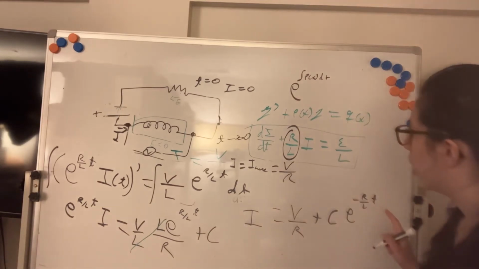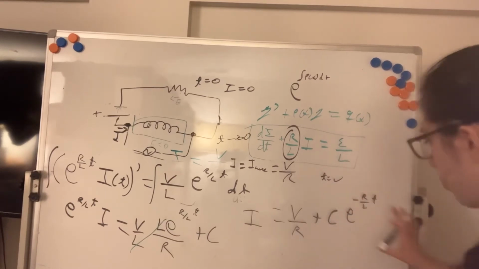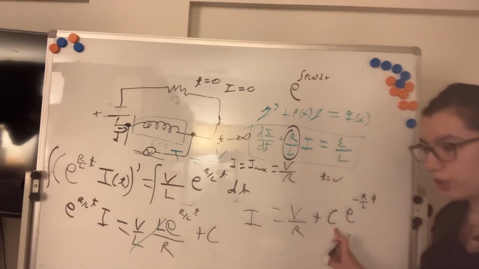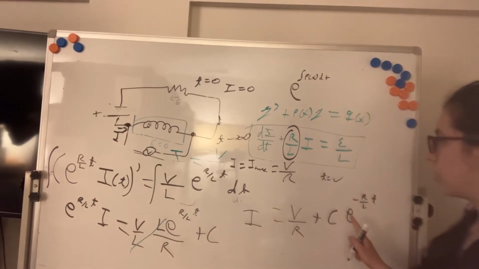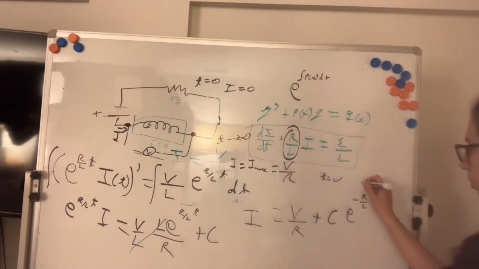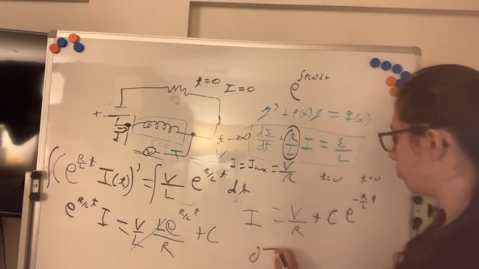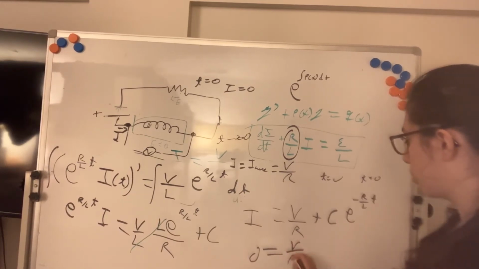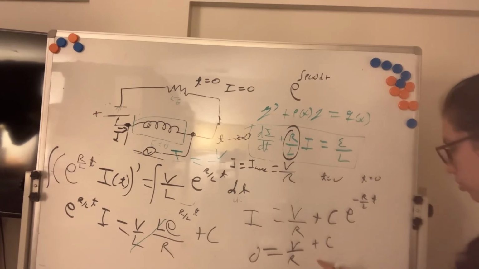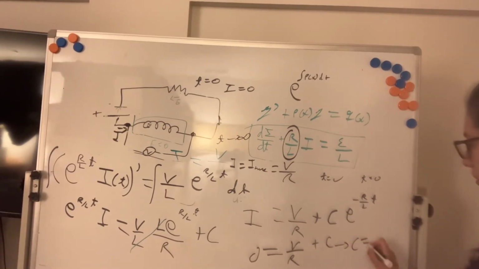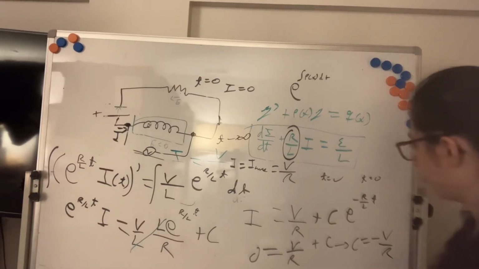Now, when we have t equals 0, remember that with this differential equation we need to find C. We can only find C if we have the initial conditions. We know that at t equals 0, the current is equal to 0. So we have 0 is equal to V over R plus C times e to the 0, and e to the 0 is just 1, so plus C. And so C is equal to the negative of V over R, and V over R is the maximum current.